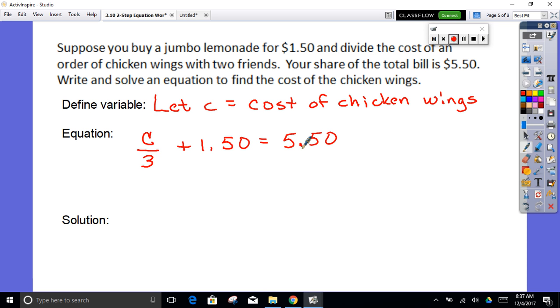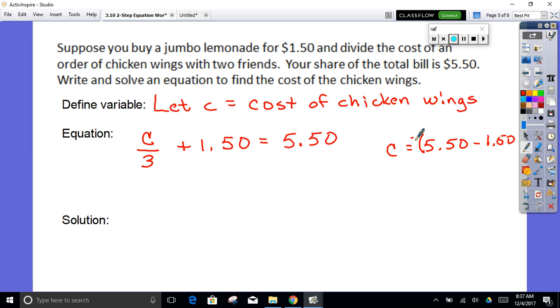Okay, questions? Devin? Would it be alright if you had in parentheses 550 minus 150 times 3? So you're basically solving the whole equation that way. So you would have had C equals 550 minus 150, then what? Times 3.